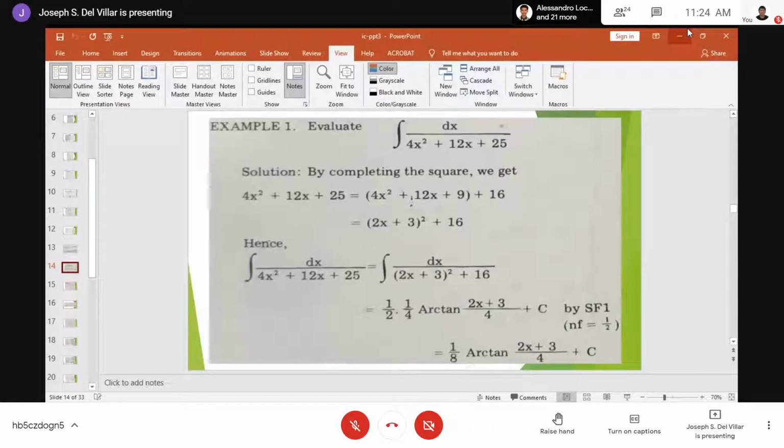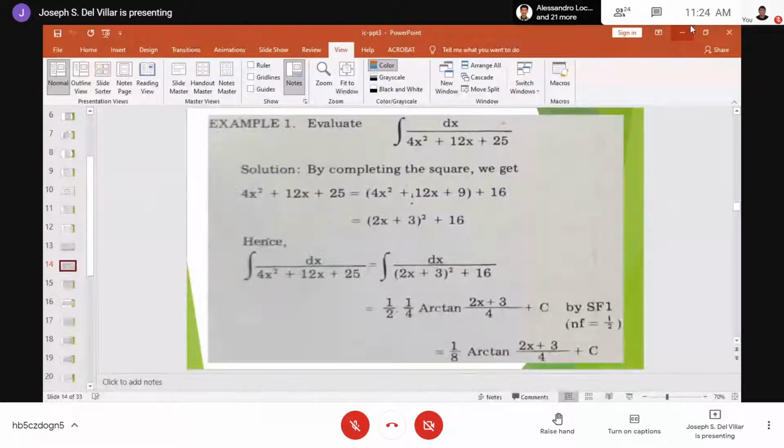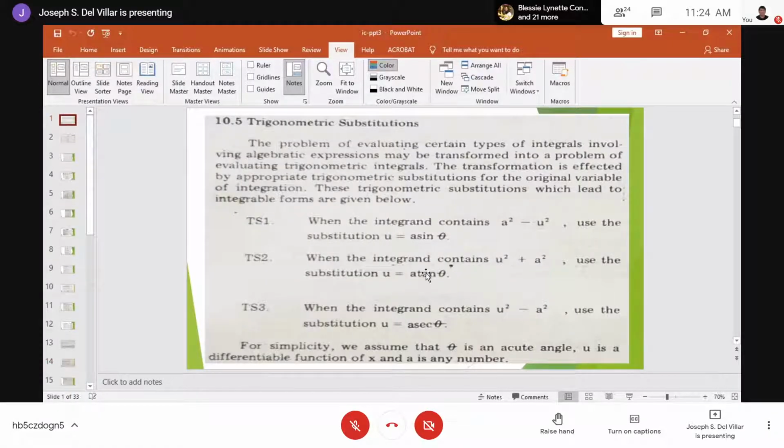So let that 2x plus 3 be equal to 4 tangent theta. Okay? So if you are going to make use of this, no? So 2x plus 3 equal to 4 tangent theta. Okay?